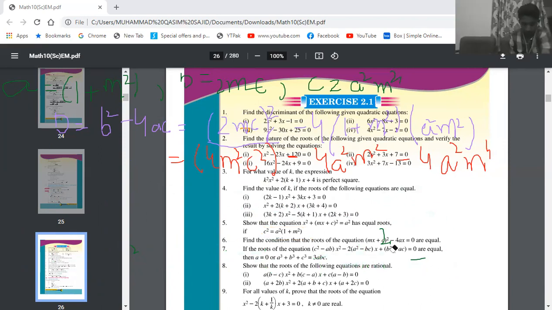This is basically the value of the equation, that discriminant equals to this one.